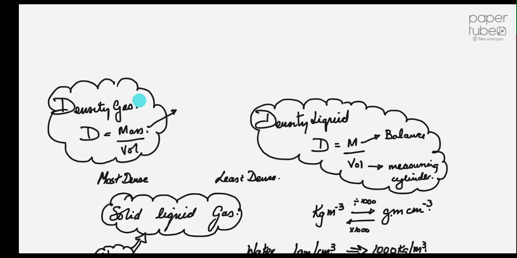You do have balances that can read fractions of grams, but the problem is the volume, because if you start pushing, say, a balloon underwater, you change the volume of it. But again, it's not on our course, so we'll not really worry too much about it. So that'll do for this one. We'll see how this goes.